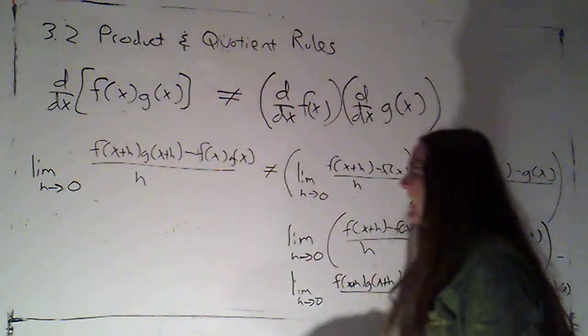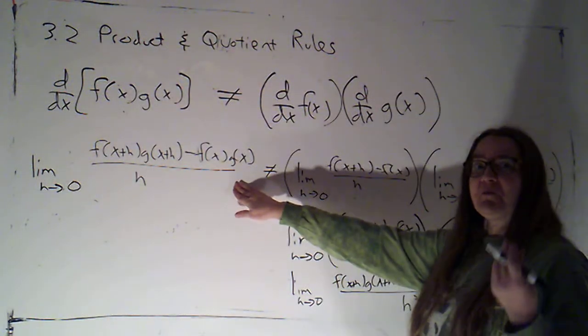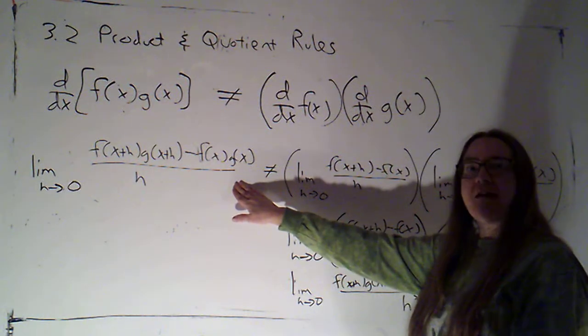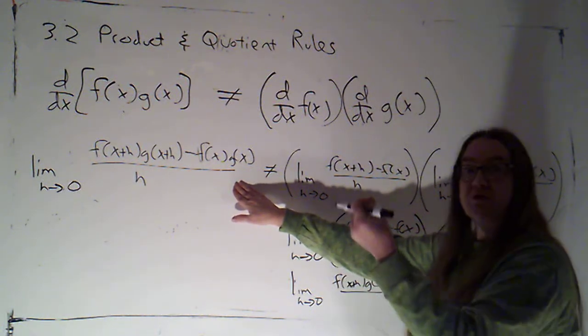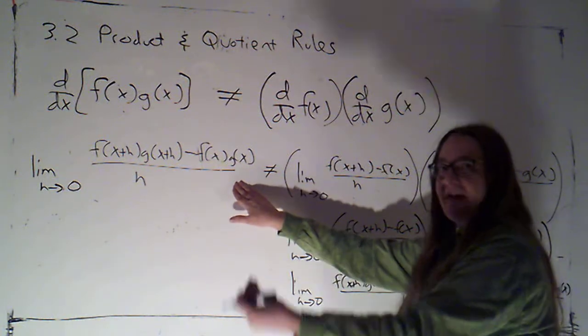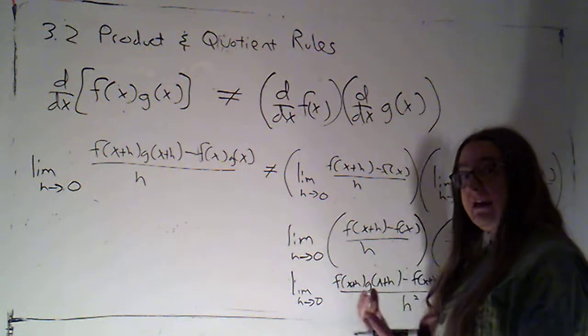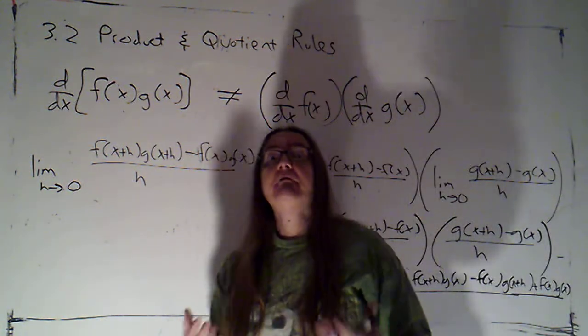It is not the same as this limit, which is what represents the derivative of f times g, what we get if we take the derivative of the product. We do the multiplication, and then we take the derivative. So it's not that we can't use the product rule for limits.